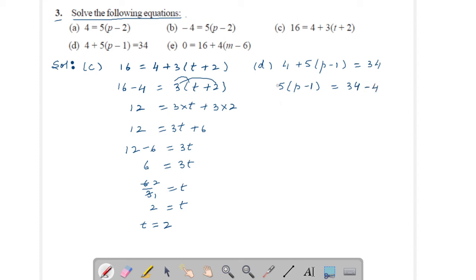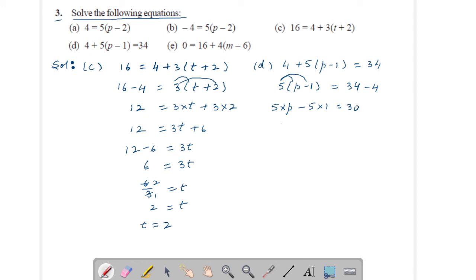Here open the bracket. 5 is multiplied with p, that is 5 into p, minus again 5 is multiplied with 1, that is 5 into 1, equal to 34 minus 4, it is 30.